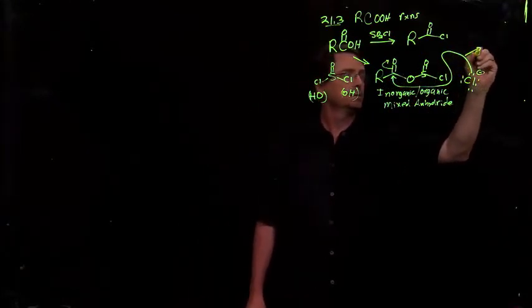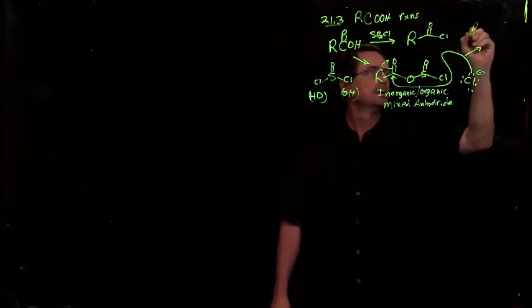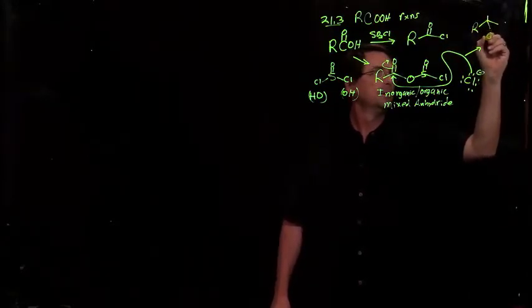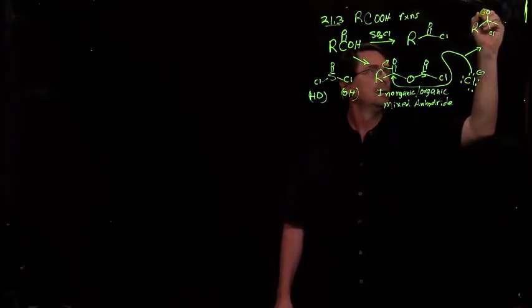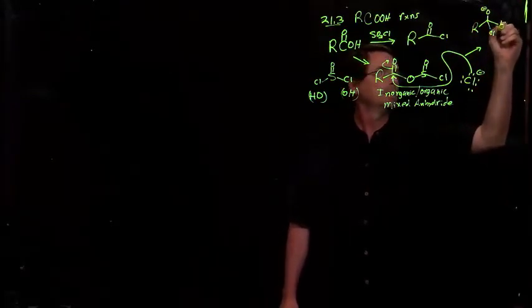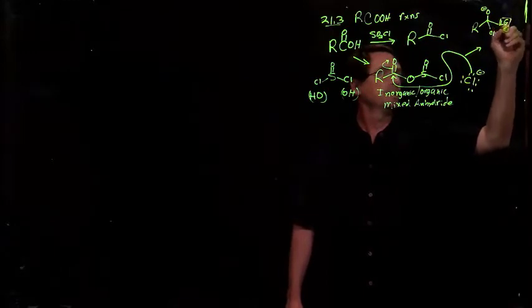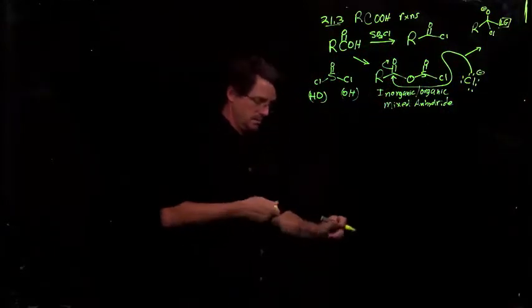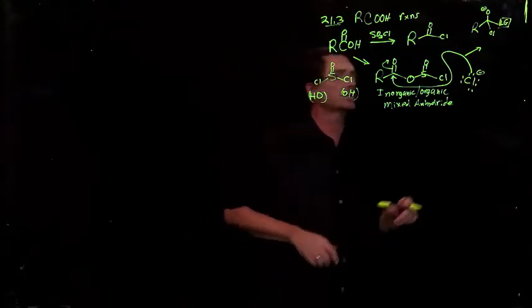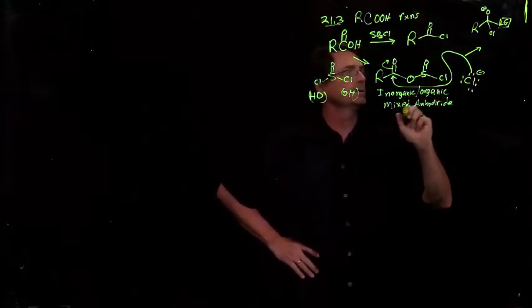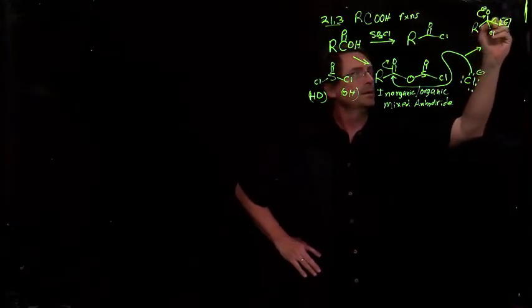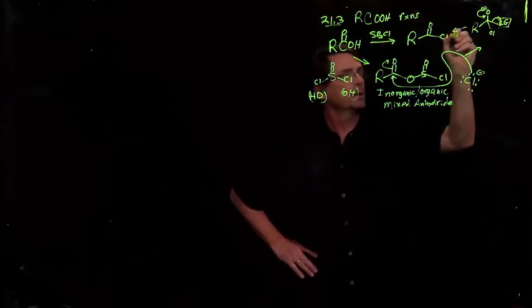This produces, and I'm going to illustrate the rest of it as Lg for leaving group. That would be this sulfonyl chloride fragment here. And then this lone pair swings down and we kick out the leaving group to get to this product.